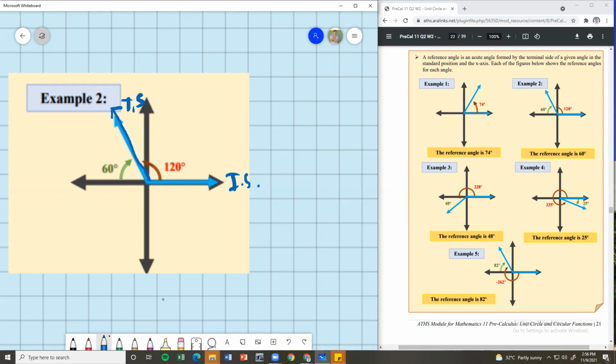Is it on the left side or the initial side? Saan malapit yung terminal side mo?